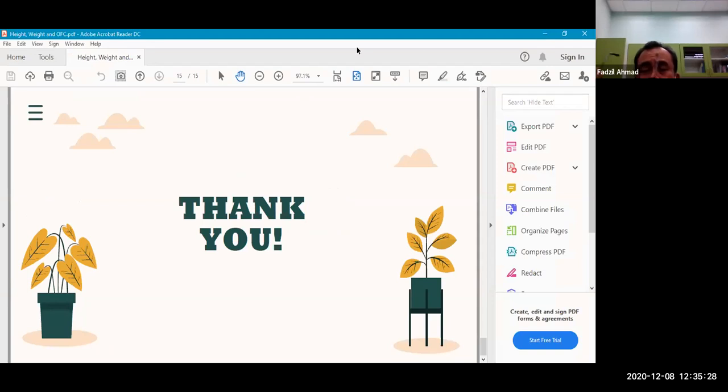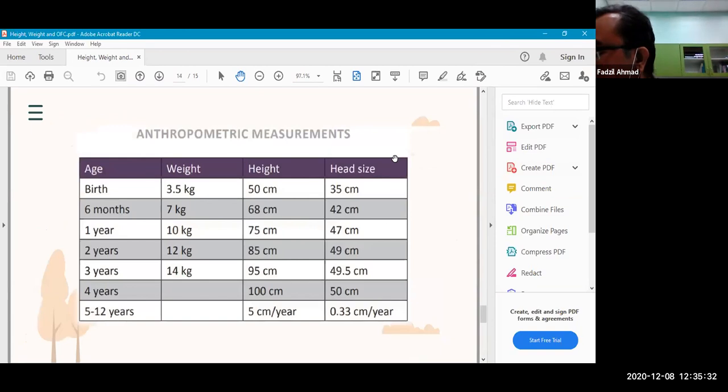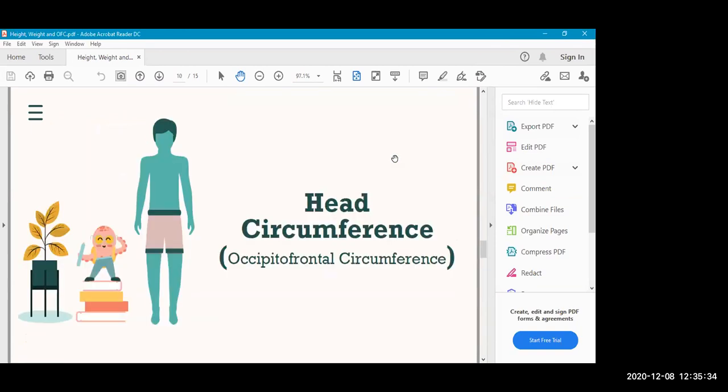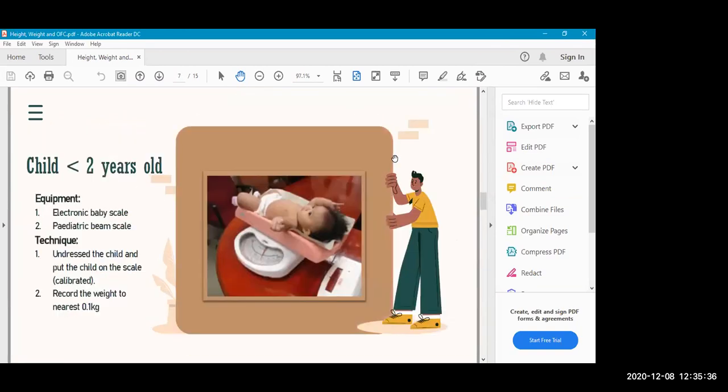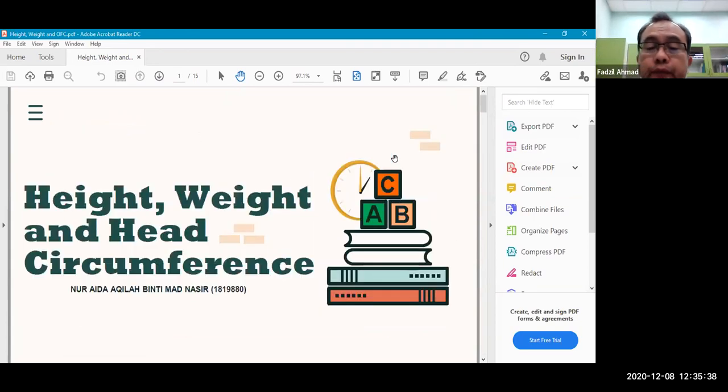You all have to know this in detail, because part of the exam will be something like this: how to chart and how to interpret, very important. And I found out many of you are really lacking in head circumference.